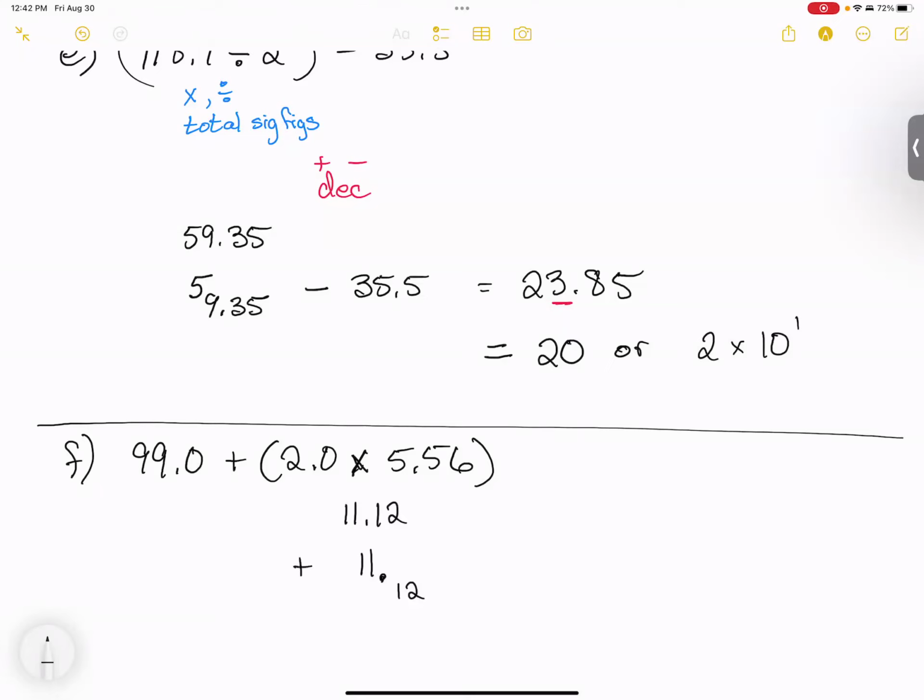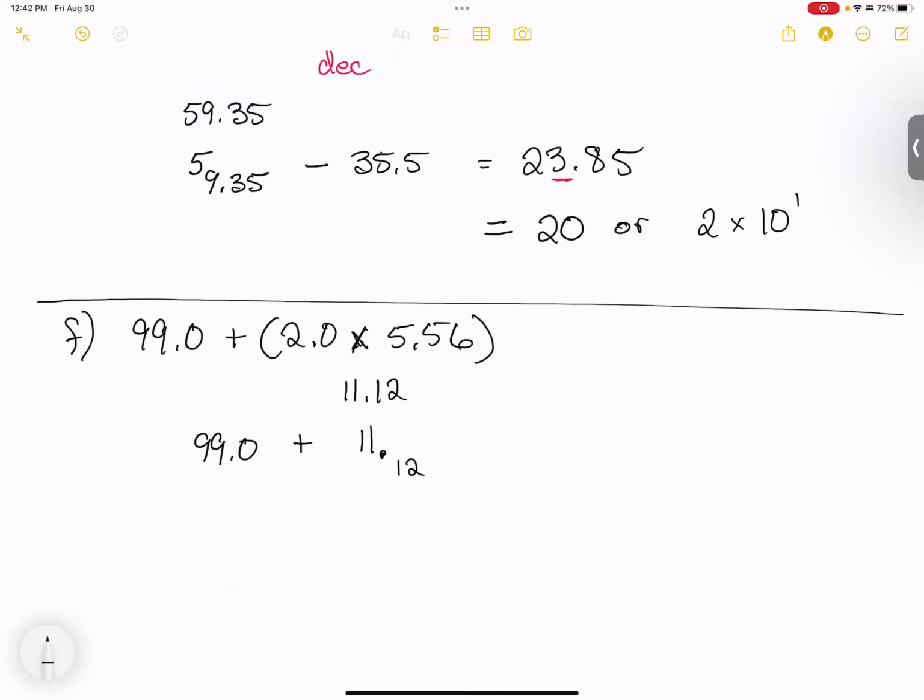And to that, I'm going to add the 99.0. And you get 110.12. This is addition and subtraction. What matters in addition and subtraction? Decimals. So this answer would be 110 point. So only what's in front of the decimal?